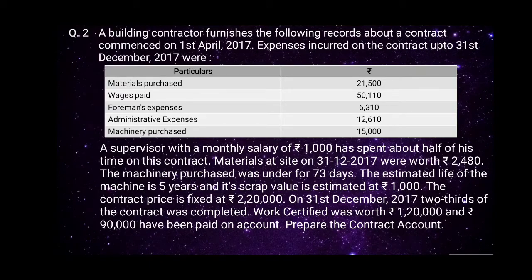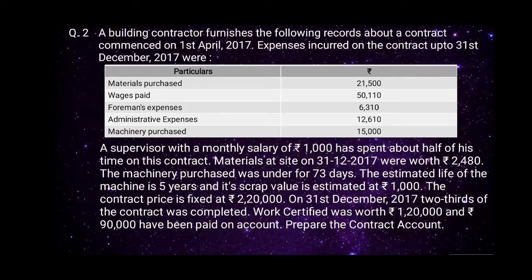Materials at site on 31st December 2017 were worth rupees 2480. The machinery purchased was used for 73 days. The estimated life of the machinery is 5 years and its scrap value is estimated at rupees 1000.